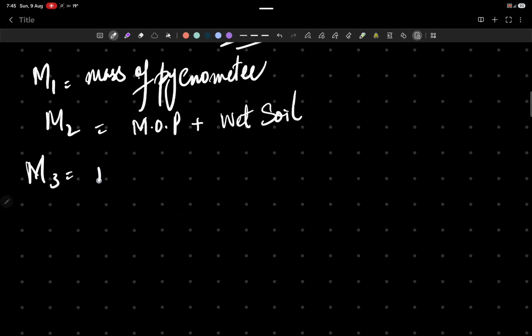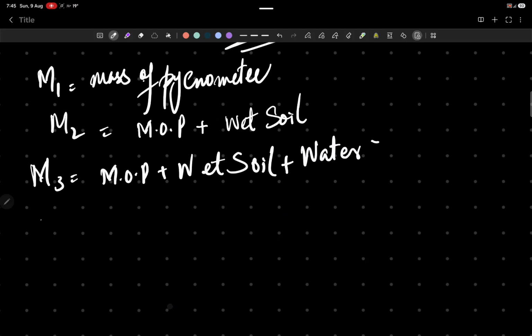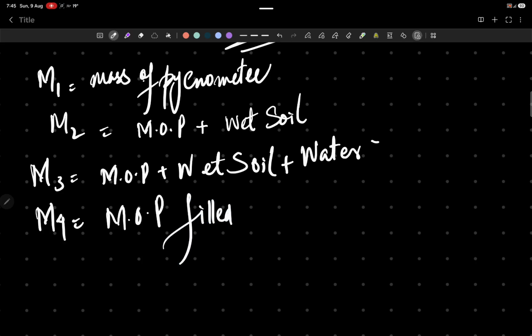M3, mass of picnometer plus wet soil plus water. M4, mass of picnometer filled with water only.